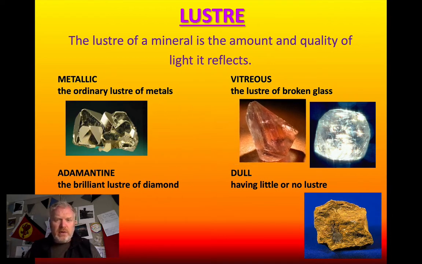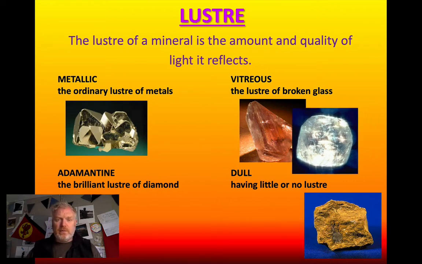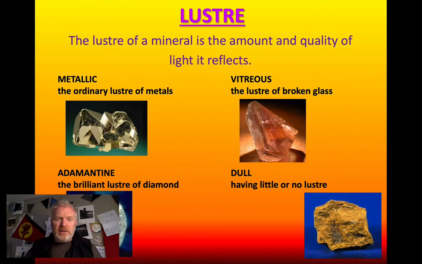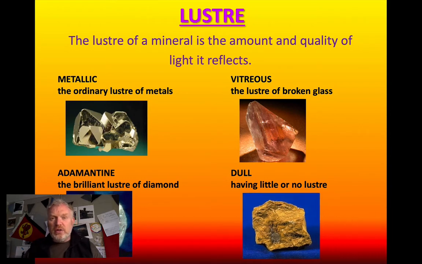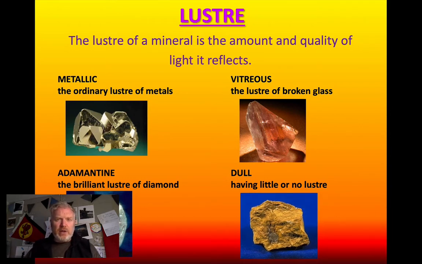Vitreous, where we see a mineral reflecting light like broken glass. Adamantine, which is like a diamond. We don't tend to use that one very much. And finally, dull means it doesn't really reflect the light very well at all.